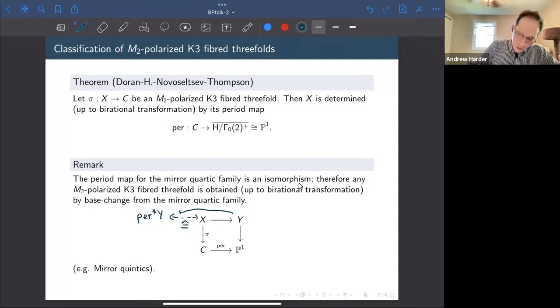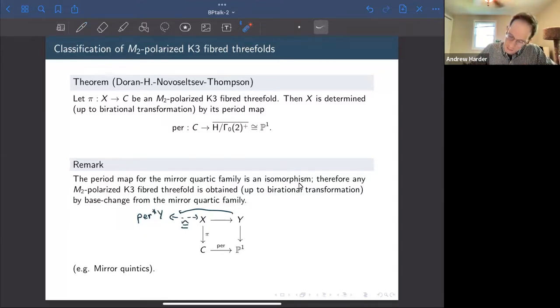And this is something we already saw in the case of mirror quintics. We exhibited a K3 fibration on these mirror quintics, and we saw from the little computation that we did that this K3 fibration is obtained by pullback from mirror quartics.